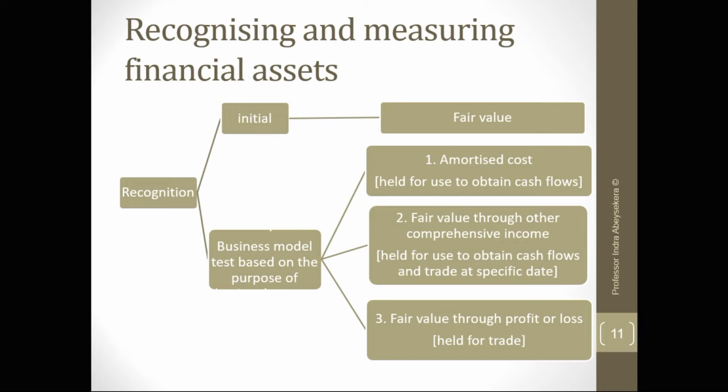That is when the financial asset is held for cash flows but will be traded at a specific date. On the other hand, the third is the fair value technique, where the change in fair value is recognized through profit or loss. This is where the financial asset is held for trading purposes.